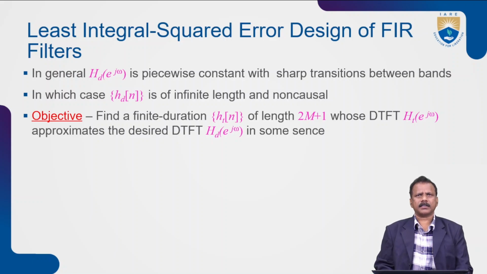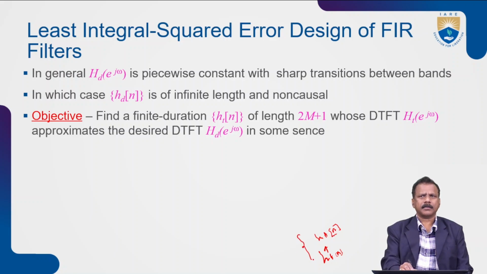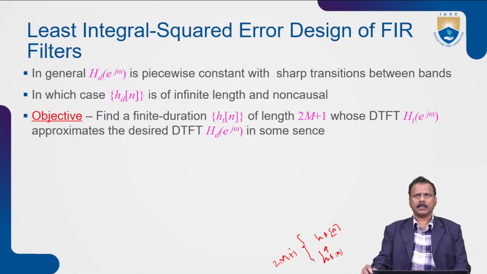Before that, we try to find a finite duration, in terms of S_D of n or h_T of n, of length 2M plus 1, whose discrete time Fourier transform S_T of e power j omega approximates the desired discrete time Fourier transform S_D of e power j omega in some sense.